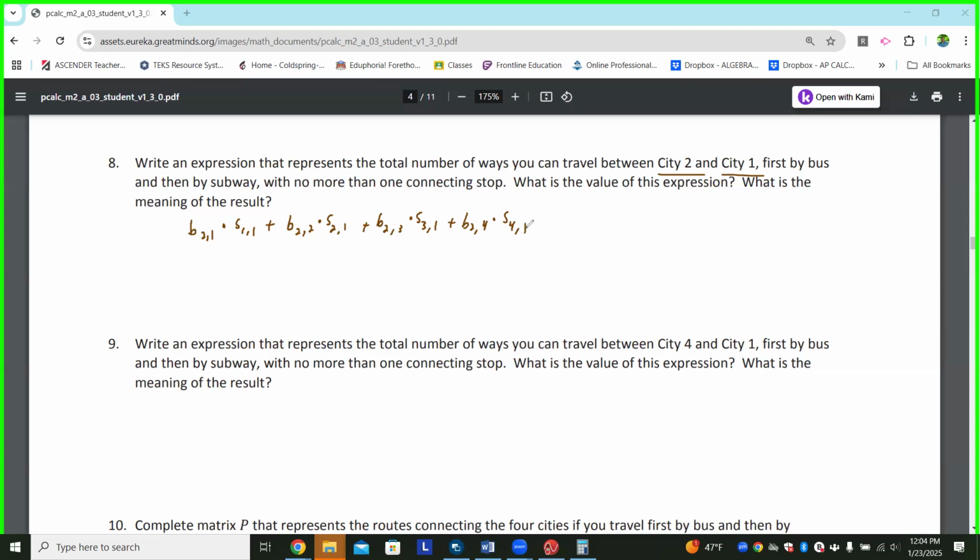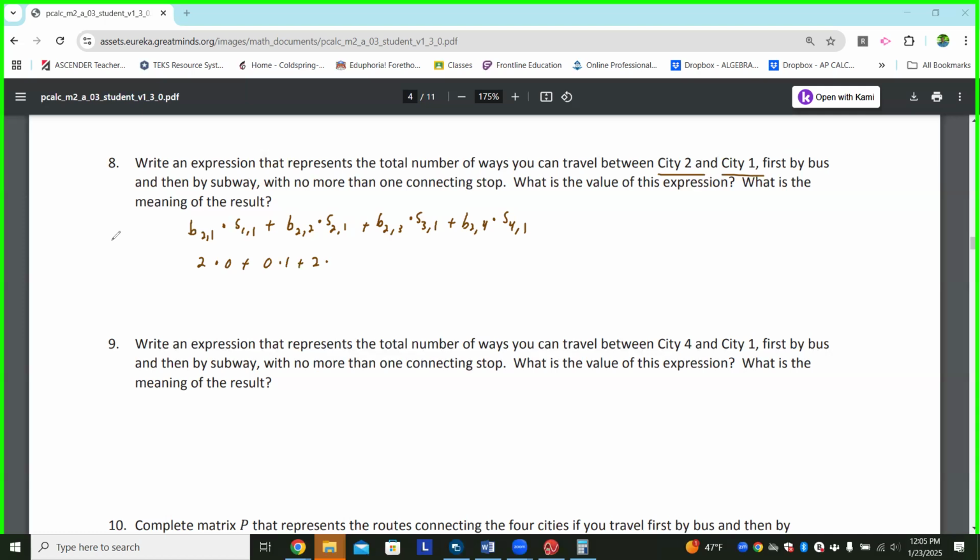Write an expression, and then it says, what is the value of this expression? Now that we have all of our expressions, we're going to go back and use the matrices to help us. At B 2, 1, what's the element? Which means row 2, column 1. It's 2. What's the subway 1, 1? Bus 2, 2. Subway 2, 1. Bus 2, 3. Subway 3, 1. If you go to S, that's hard for me to go back and forth.